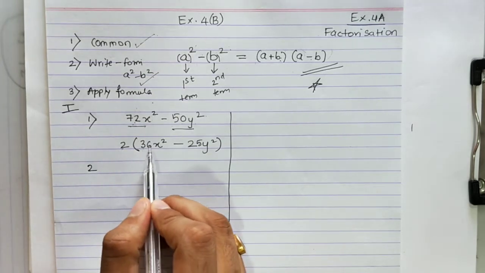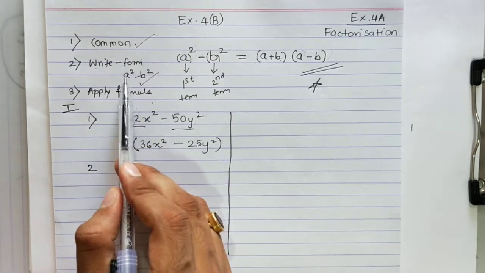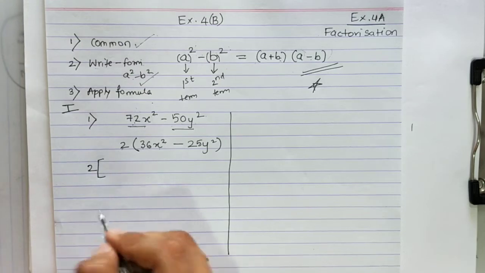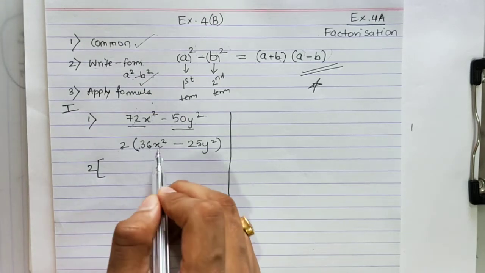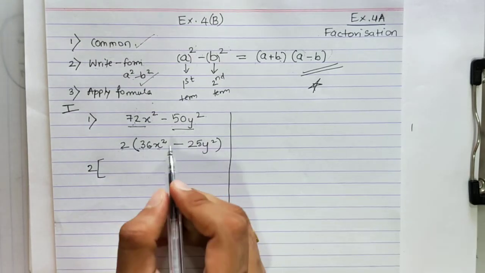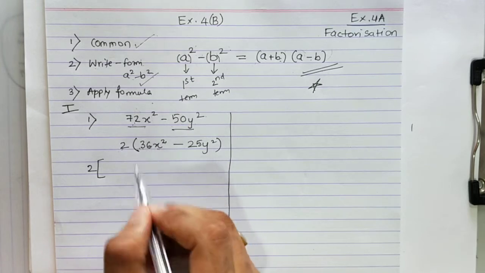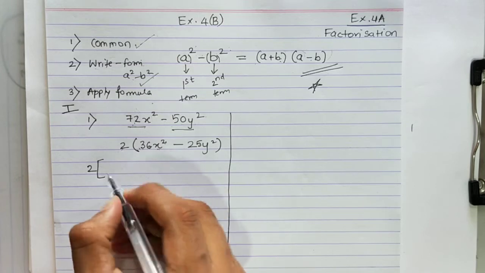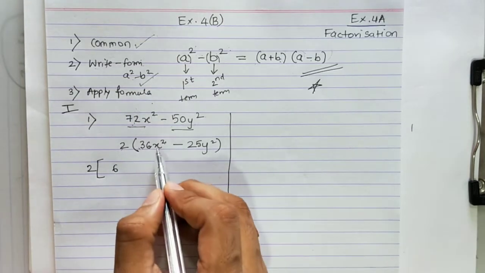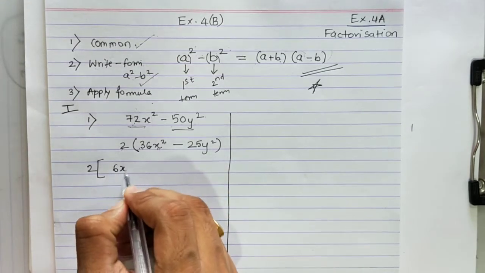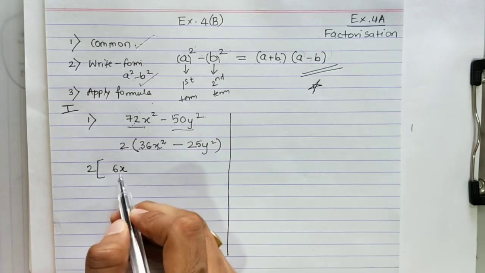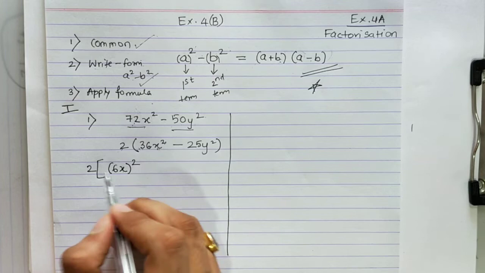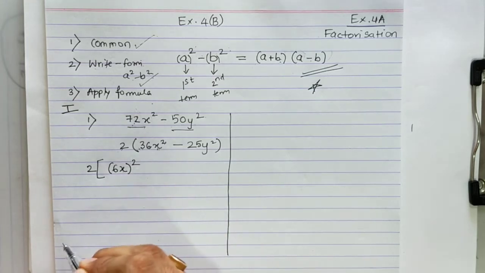Now this 36x square, we have to write it in the form a square minus b square. So keep this 2 as it is. 36x square must be written as: 36 is the square of which number? 36 is the square of 6. x square is x, so I can write it as 6x the whole square.